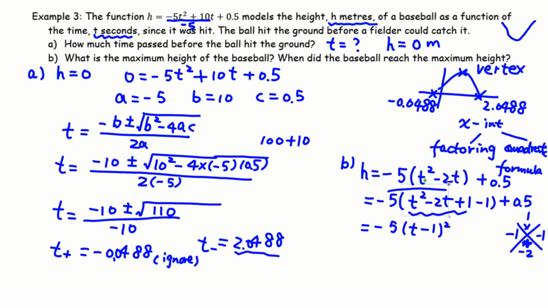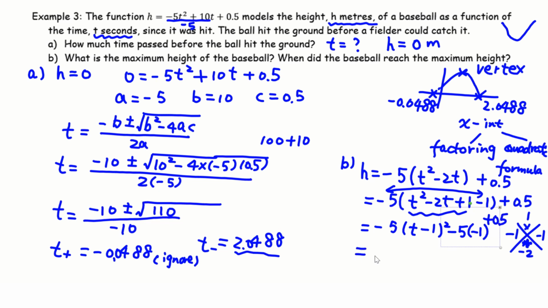The negative 1 inside the bracket, we didn't use it, so we take it out. Don't forget, you are going to times negative 5. So negative 5 times negative 1, then plus 0.5.